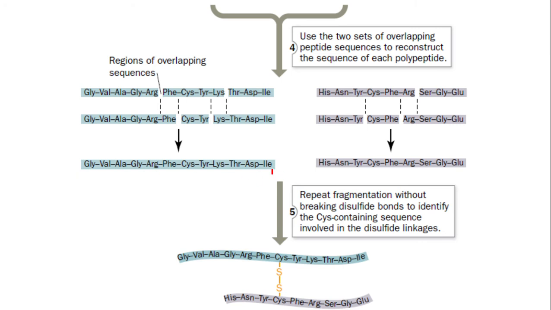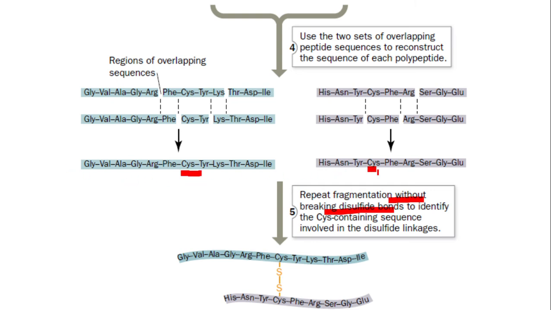Once we identify the amino acids on the polypeptide chain, the remaining is very easy. By the overlapping method, using a pencil and paper, we can do it. And we repeat the fragmentation without breaking the disulfide bonds, and we identify which cysteines are engaged in disulfide bond formation. For example, here there is a cysteine, and here there is a cysteine.